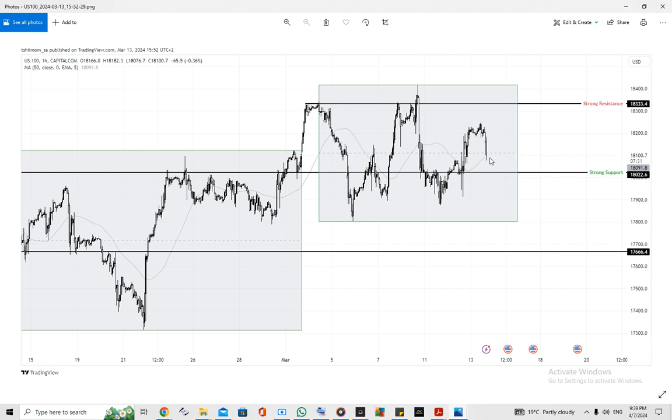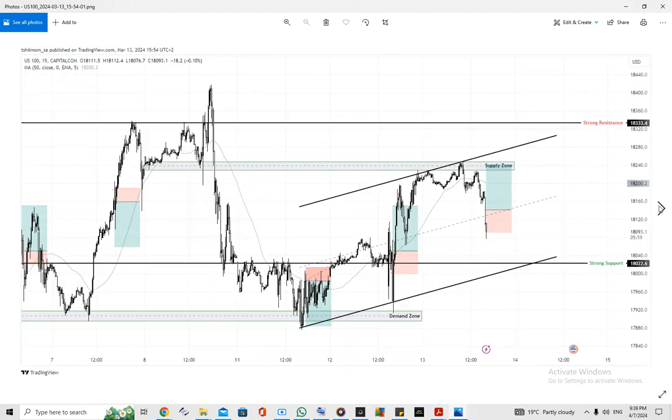So on the 1 hour, you can see we broke the moving average. So the next level that the market would hit was the strong support here, and because I was still convinced that the market was gonna buy, I just started looking for exactly where the market is going to start buying.